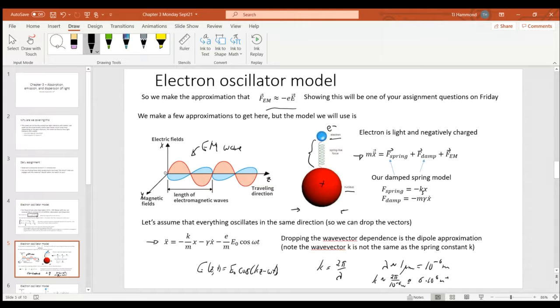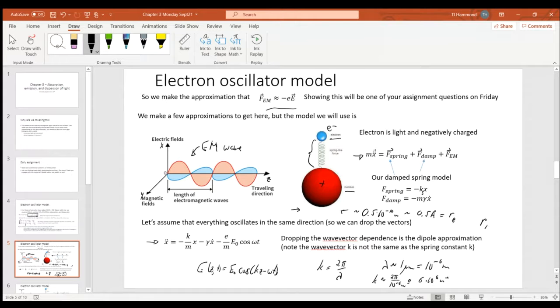Now, if you think about this, what's the size of an atom? Well, the Bohr atom is about half an angstrom, right? So you can think about the difference in size between the atom, call this the Bohr radius, and the wavelength.